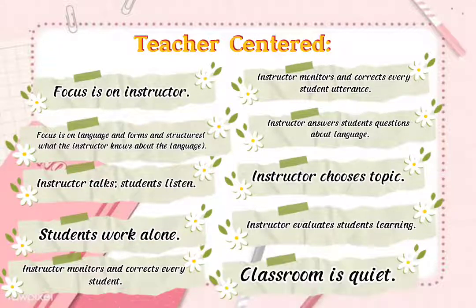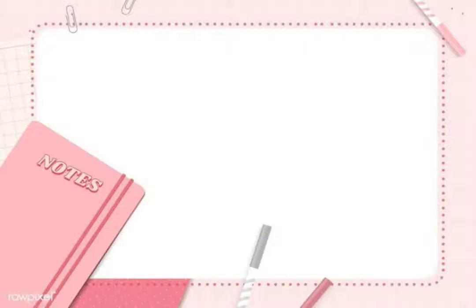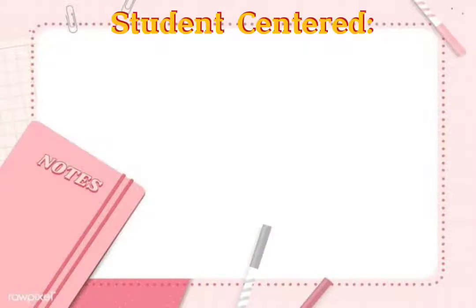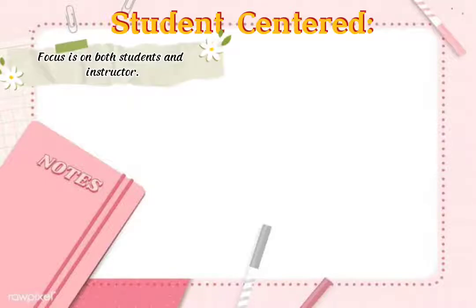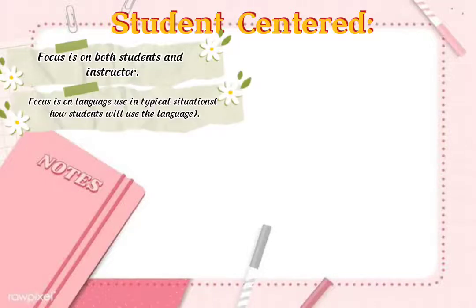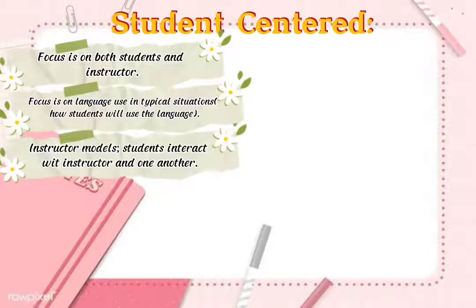Classroom is quiet. While in the student-centered approach, focus is on both student and instructor. Focus is on language used in typical situations and how students will use the language. Instructor models, and students interact with the instructor and one another.